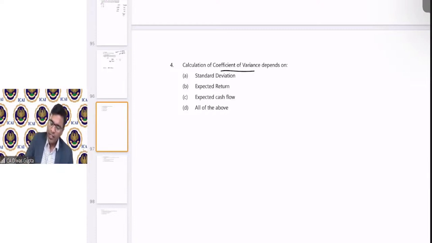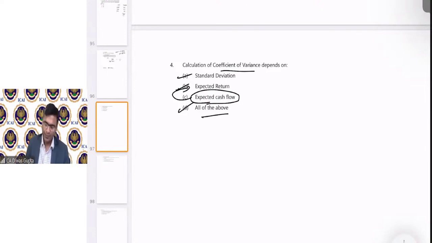So the coefficient of variation, coefficient of variance, what was the formula? The formula used the standard deviation definitely, right? And the formula also used expected return, but somehow expected cash flow will be used to calculate the expected return, right? So hence it will be D, which is all of the above.